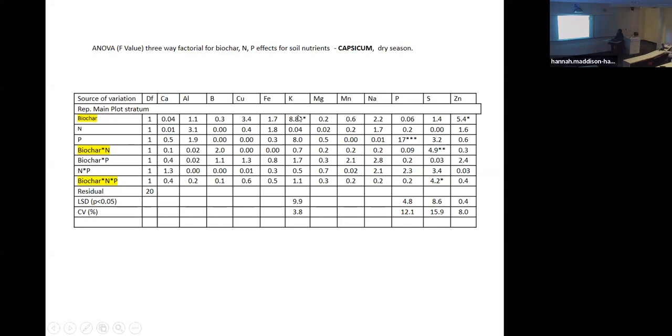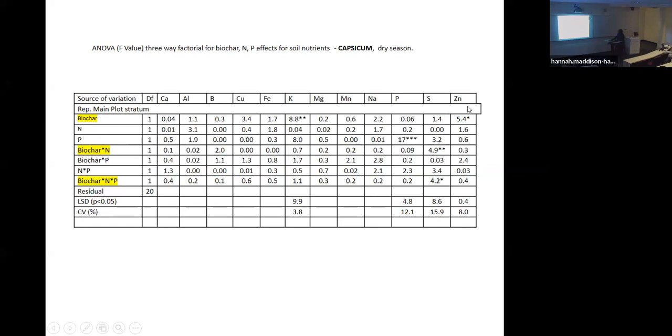Even so, potassium in East Timor is not a big problem because we have about 160 to 100 milligrams per kilogram, compared to the Wortmann critical level of 100, so we do not have a problem with potassium. But again, by using biochar, it increases the level of potassium in the soil.